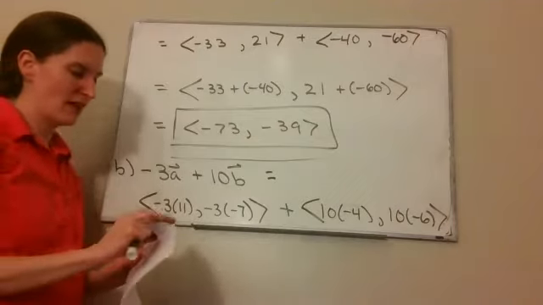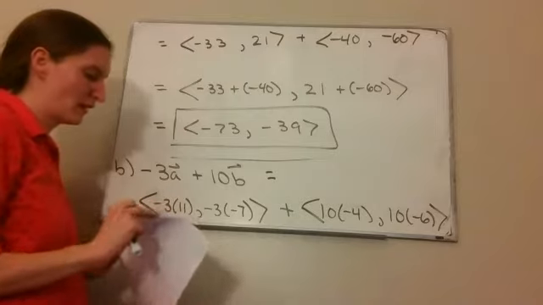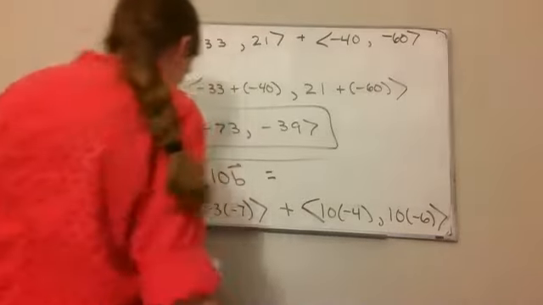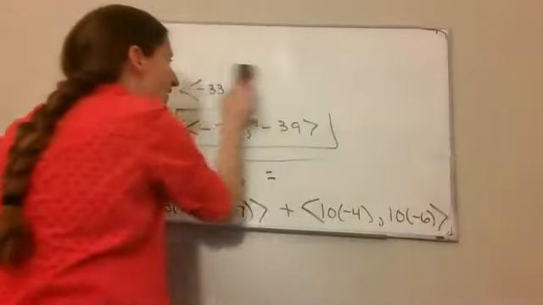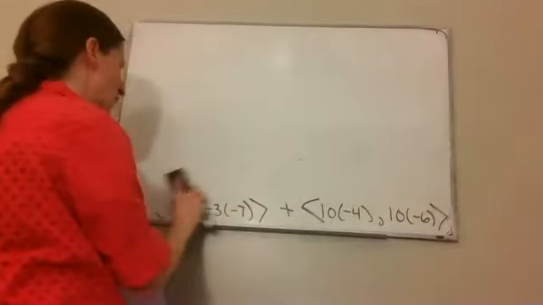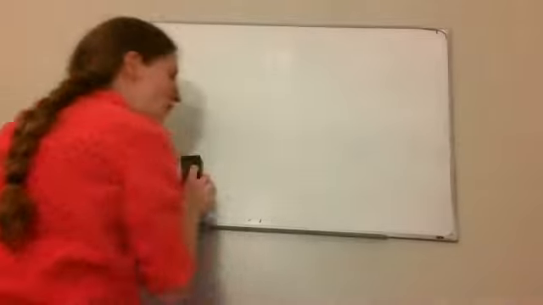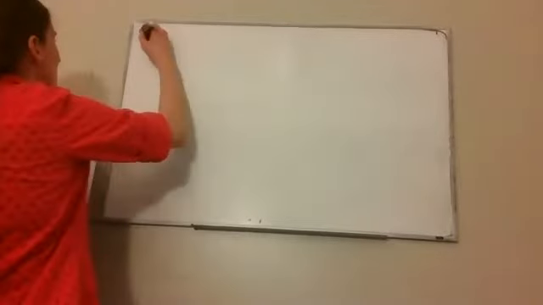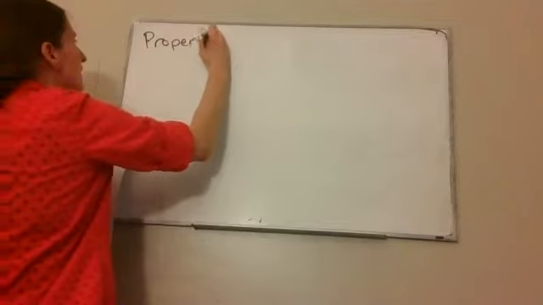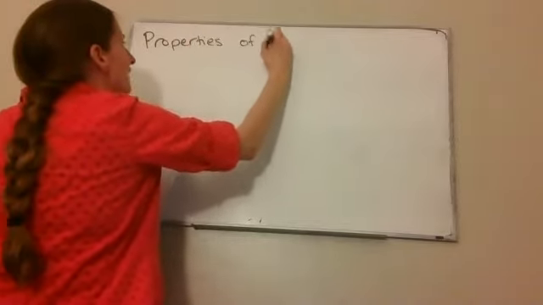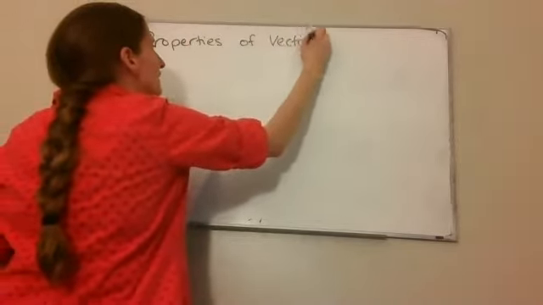All right, so now we're ready to learn a lot of properties of vectors. And luckily, the properties of vectors are about what you would expect based on things you know about real numbers. Properties of vectors.